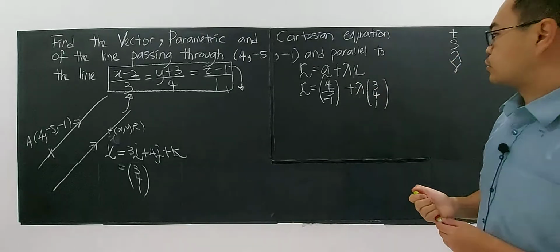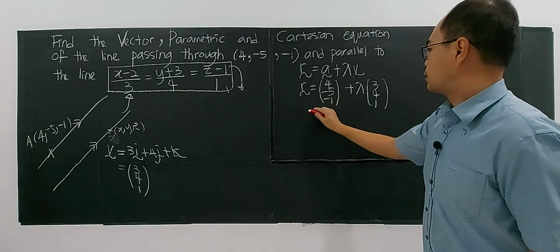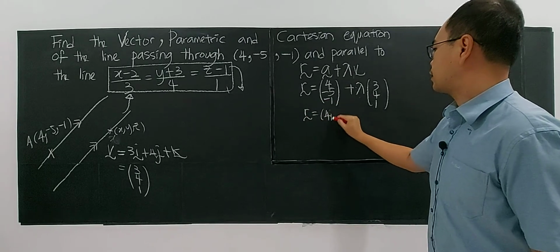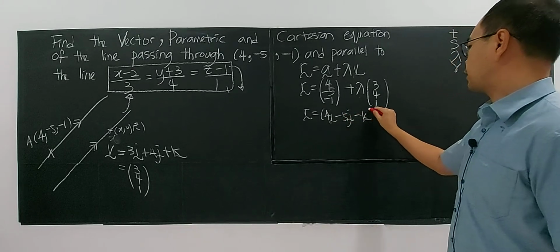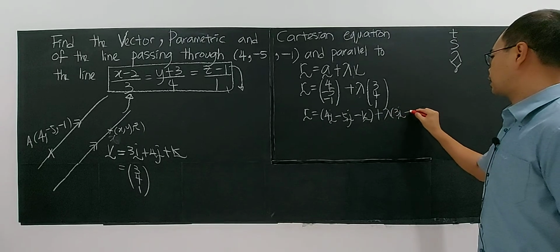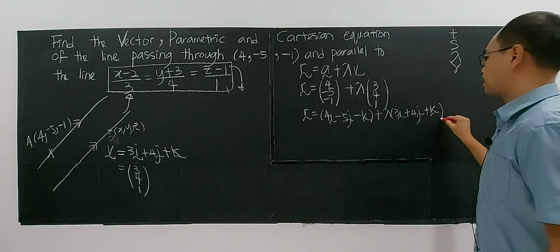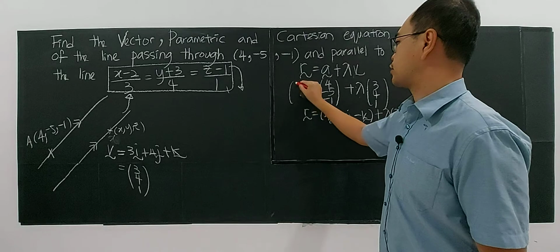So my vector equation here will be 4i minus 5j minus k plus lambda(3i plus 4j plus k). I'm writing this because it's easy for me later to write in parametric form.